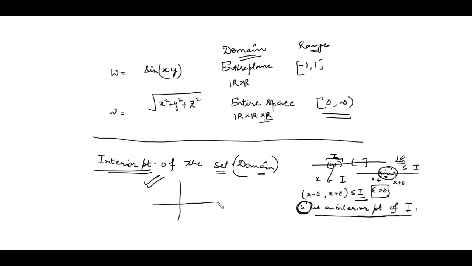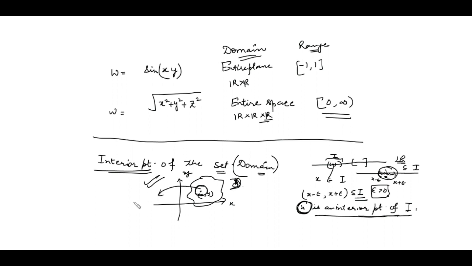Okay, so now we can extend it to the case of two variables. In the case of two variables, we have a plane. Let's suppose this is any set, the domain set D, and this is any point (x, y). This point (x, y) is said to be an interior point of this domain if we consider a neighborhood around this point (x, y).